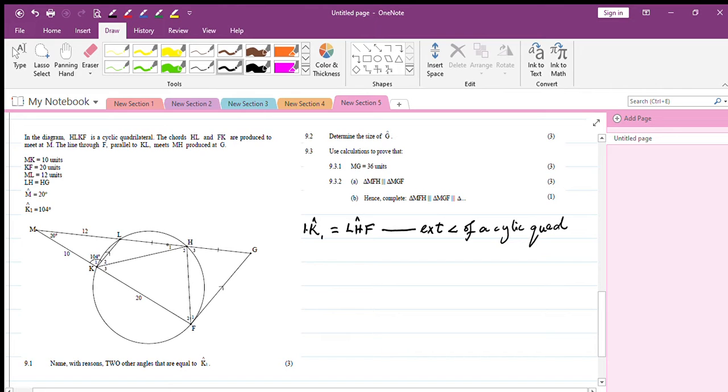So let's label that. We know now that angle LHK is 140 degrees.